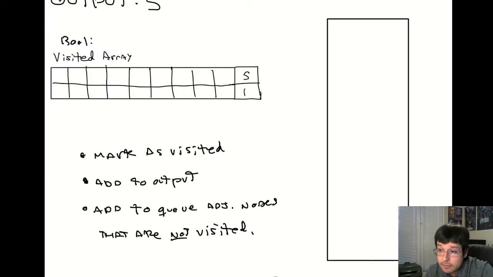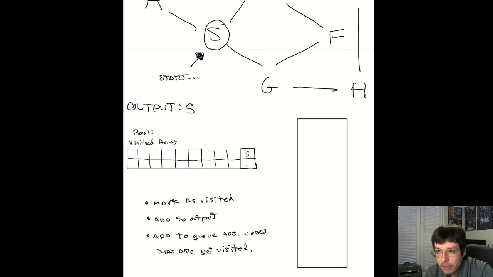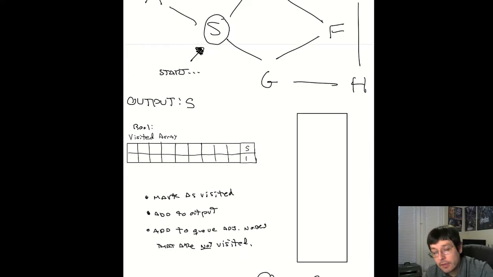So to make sure that you understand, I am going to go basically through the entire thing. Whenever you start, you're going to add this starting node to your queue, and then every time that you move on, you're going to keep removing something from your queue, and you're going to run through these different series of steps, which are mark it as visited, add to output, add to the queue for adjacent nodes that are not visited, and so on.